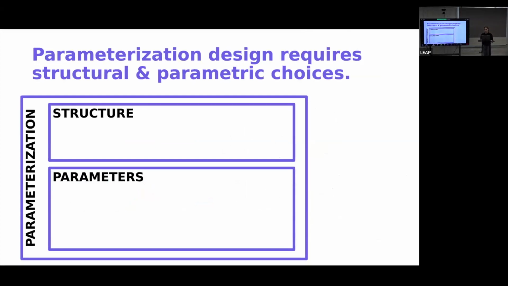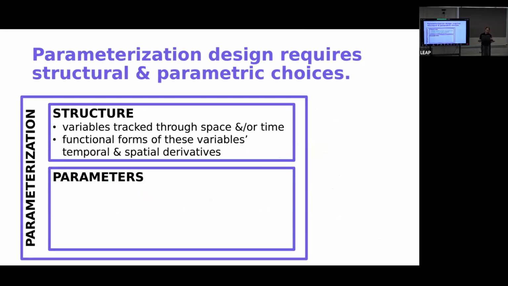When we think about parameterizations, we can think of two elements of parameterization design. First, we have structure, and then we also have parameters for a given structure. By structure, I'm talking about which variables we're tracking through space and or time.